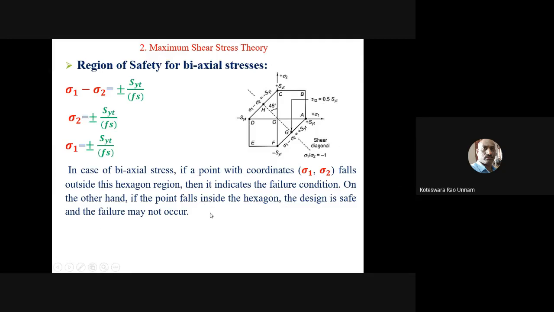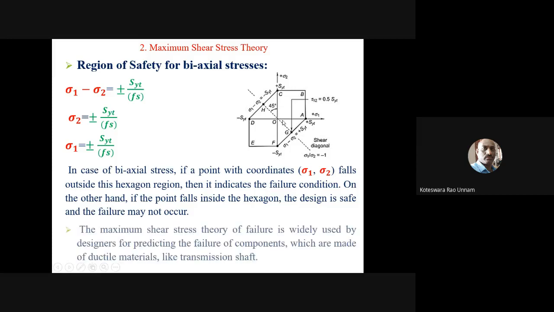So while designing a component based on this theory, for the given component under the given load, you need to find out sigma 1 and sigma 2, and mark the location of that point on the sigma 1, sigma 2 axes. If that point lies within the envelope, or on the envelope line, it is safe. If it falls outside, then the component is going to fail.